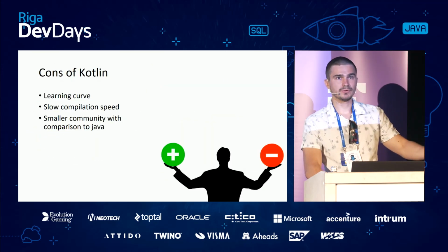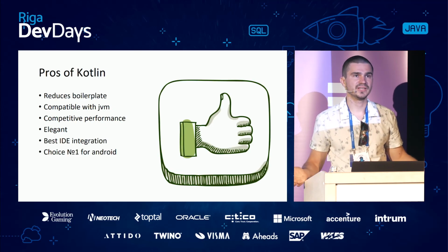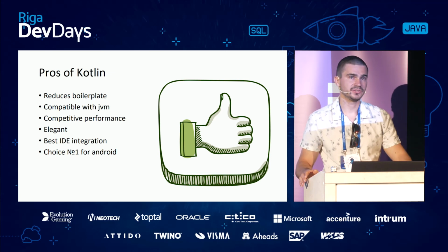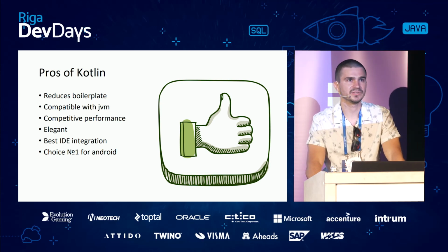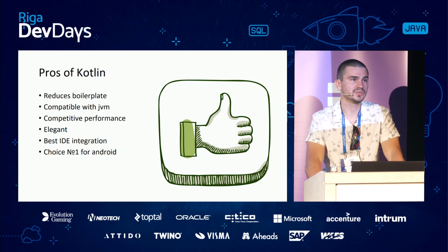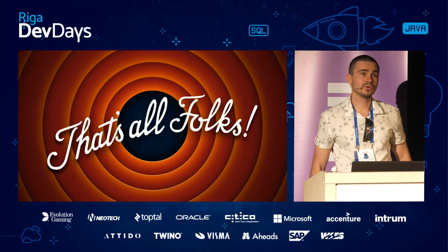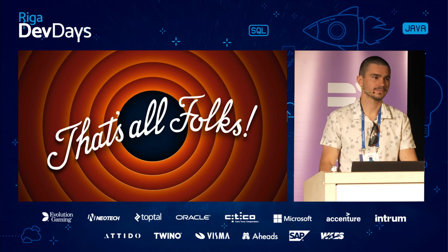The conclusion is that Kotlin is a really nice and feature-rich language, which is modern and may be used as an alternative to Java. I have worked with it personally for about 1.5 years, and I'm happy. When I return to Java, it seems much slower, and I need to write more code to do the same things. So thanks to all of you. That's it. Thank you.